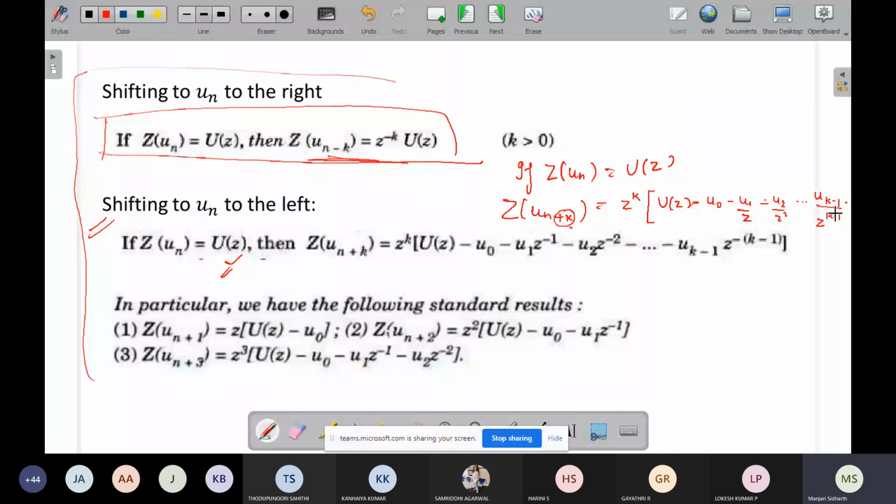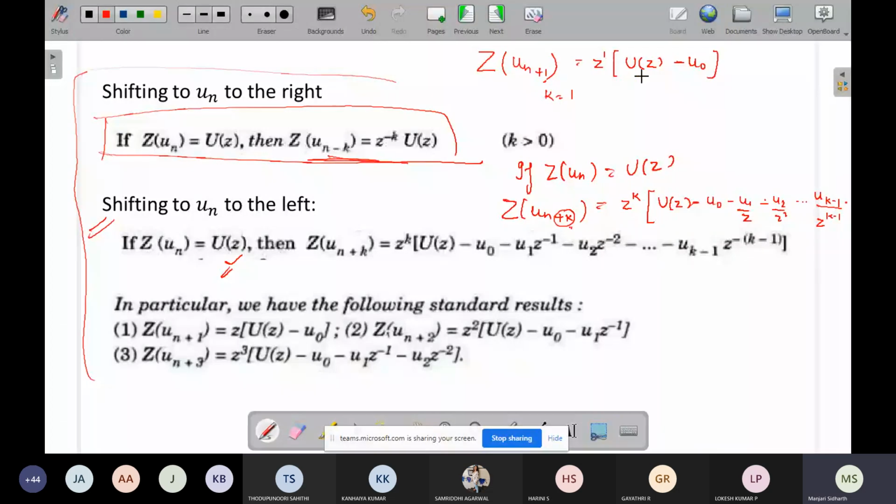So if you have un plus 1, that means k value is 1 here. So z power 1, capital Uz. Now if it is k, it will go up to k minus 1. So k is 1 here, k minus 1 is u naught. So the second value is u naught.